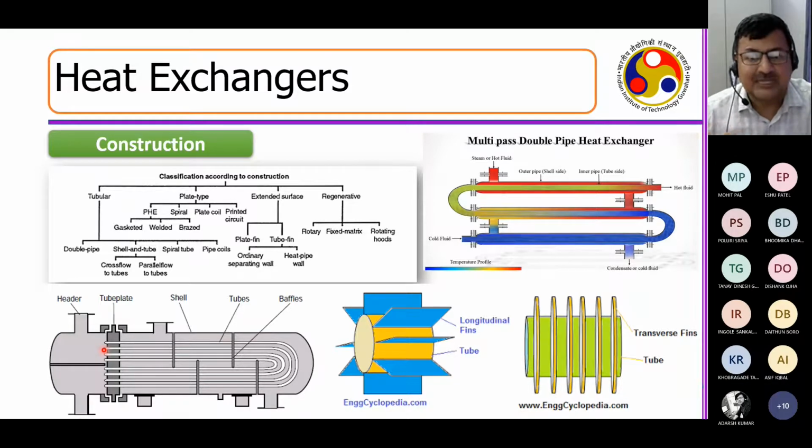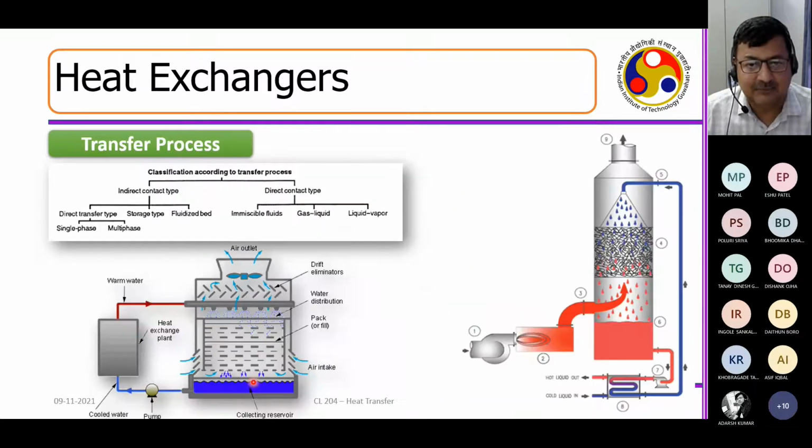Suppose this is my cold fluid, and I'm trying to cool down a hot fluid. Using multiple tubes, you can use the same cold fluid to improve the efficiency, the output, the throughput. You can cool down a larger mass of water per unit time if you are using this type of compact system.